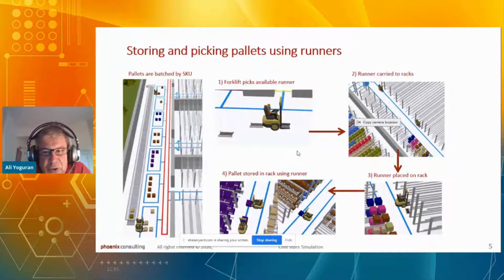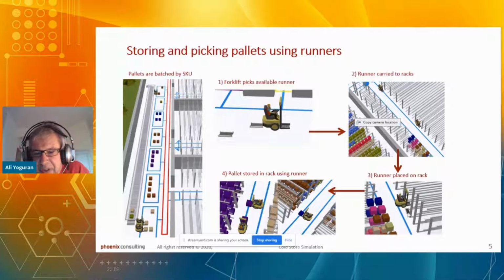The runner operation works like this. This was also an analysis of how efficient the use of the runner was. The forklift picks a runner, and then they take it and place it in a rack.